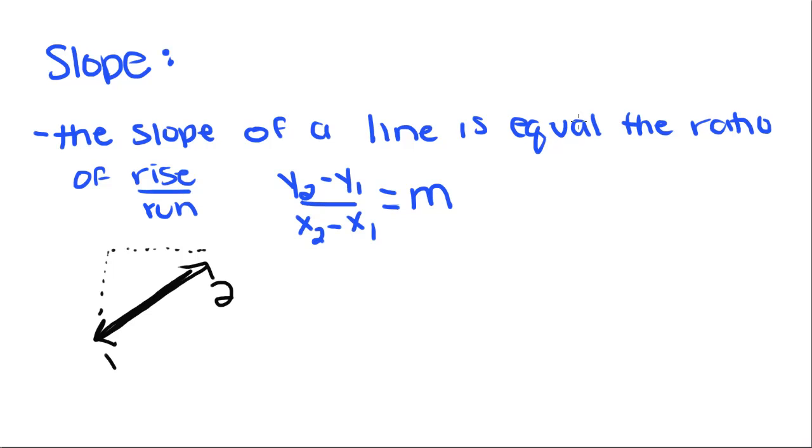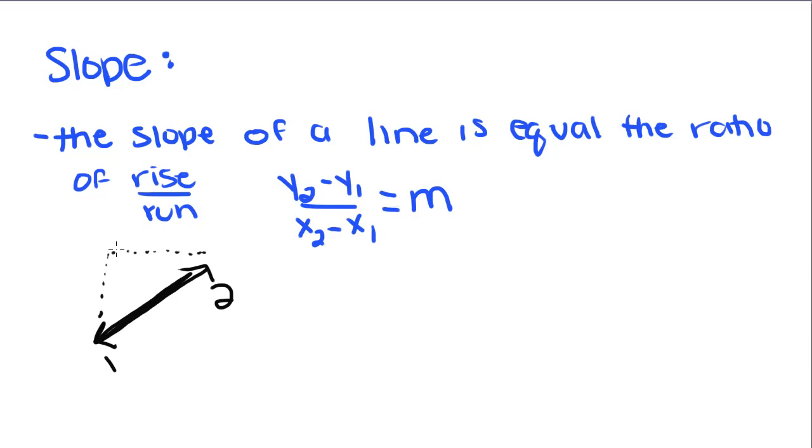A mathematical formula for this is y2 minus y1, because that will give you the distance traveled upwards, over x2 minus x1, which will give you the distance traveled over.